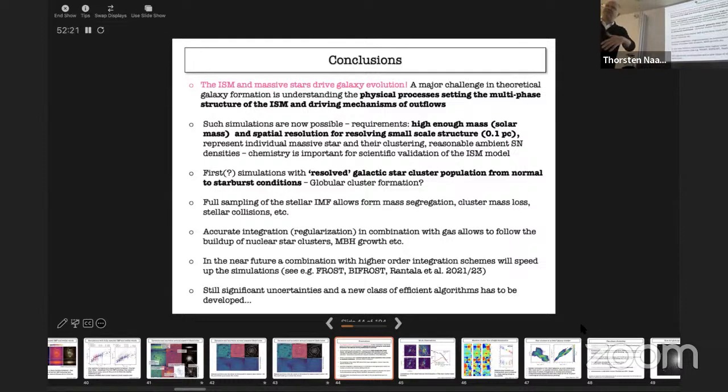We have followed the mass accretion history of the black holes. They don't grow much if we have feedback, and they should not grow much, I think, because otherwise dwarf galaxies would grow their black holes, which they don't. But we have not compared to the gravitational torque model, which would be a larger scale grid model in our case.